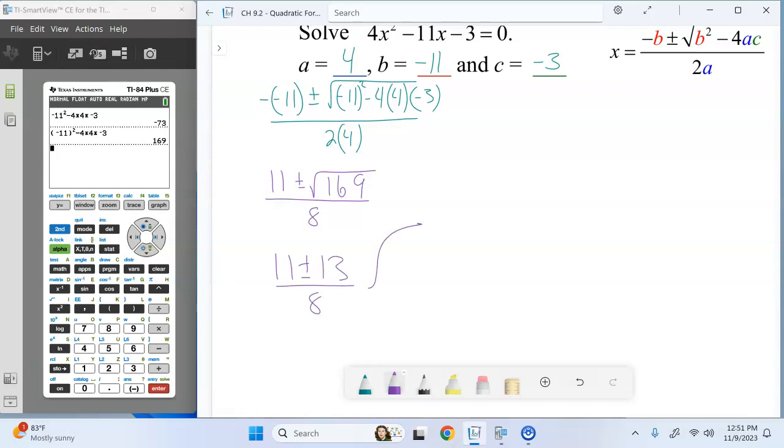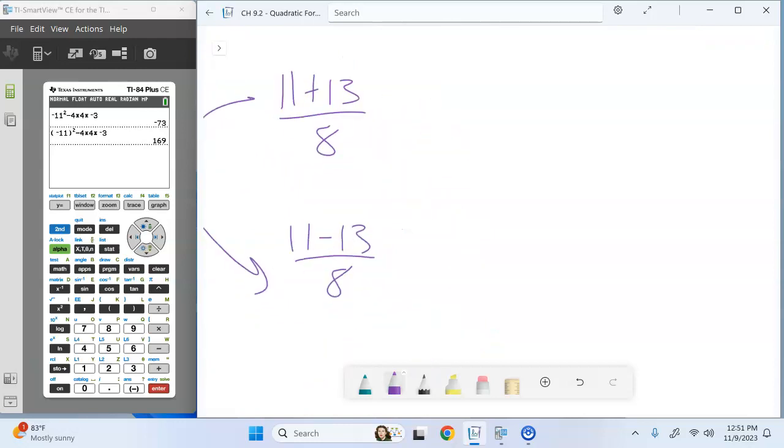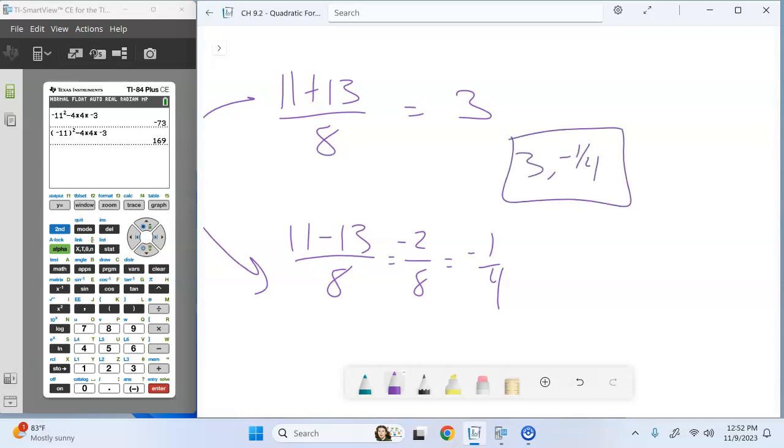So now we have 2 problems to solve: 11 plus 13 over 8 and 11 minus 13 over 8. What's 11 plus 13, divided by 8? 11 minus 13, divided by 8. So my 2 solutions are 3 and negative 1/4.